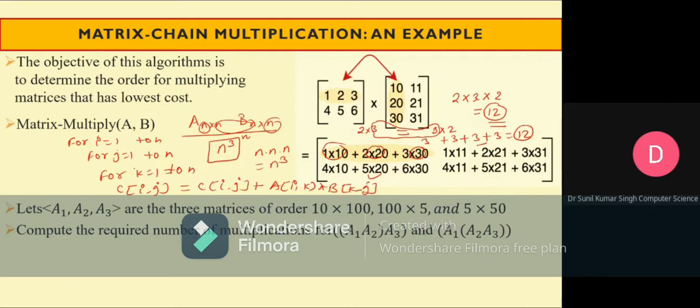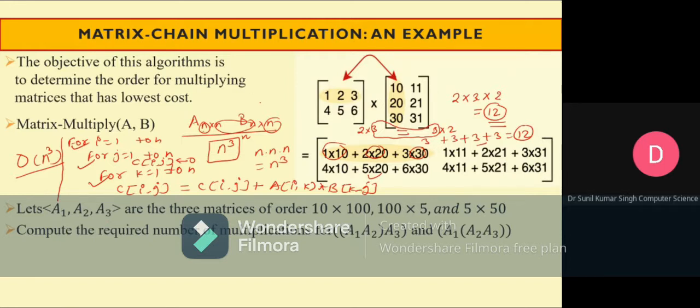So this is the step. Of course you have to initialize Cij with 0. So this is matrix multiplication, and by observing these 3 loops, you can easily say that its time complexity will be order of n cube.